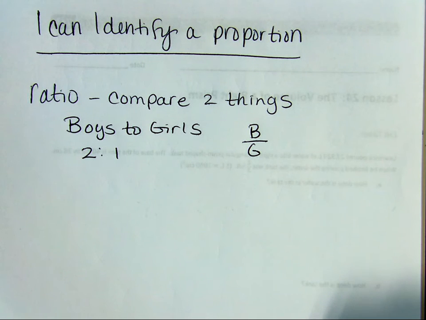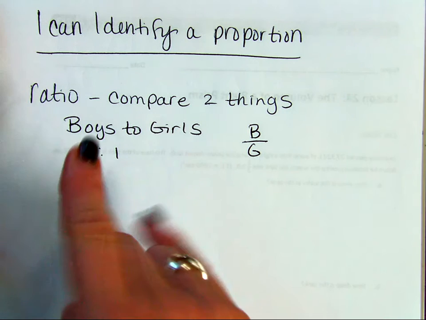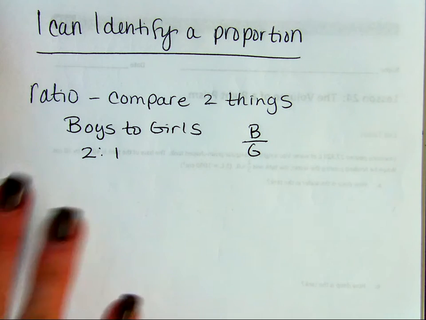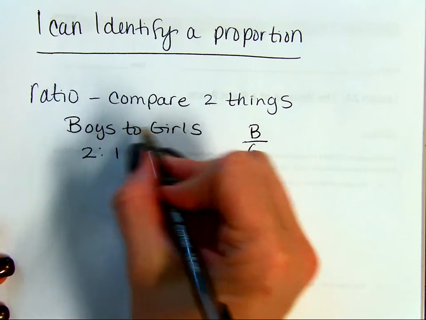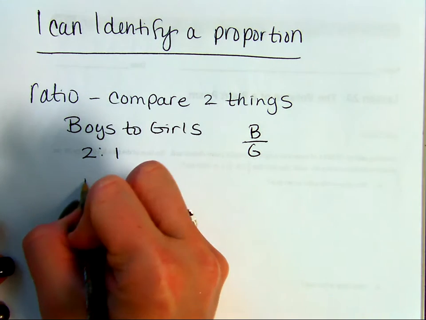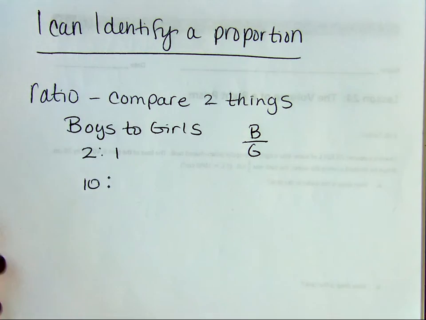So, we've talked about ratios before. We compare that. And order really matters here, right? So if I switched it around and said the ratio of girls to boys, then that becomes 1-to-2, right? Okay? So if the ratio of boys to girls is 2-to-1, and there are 10 boys, that must mean there are 5 girls, right?